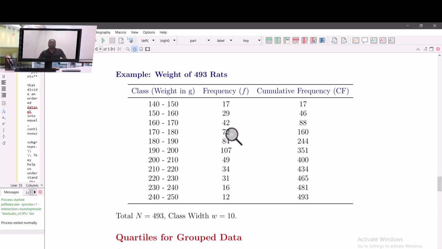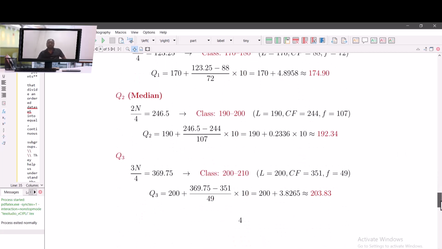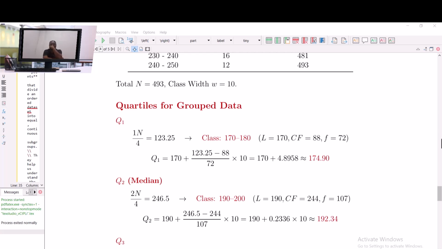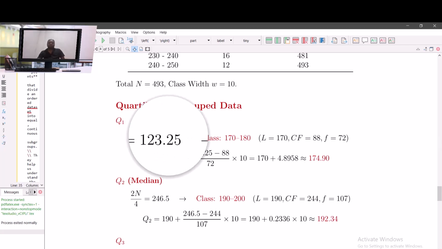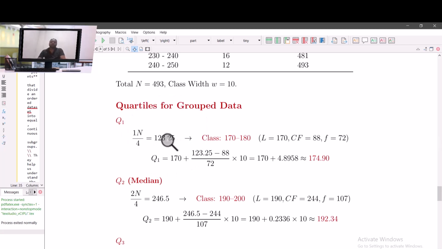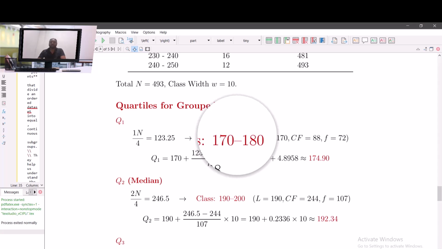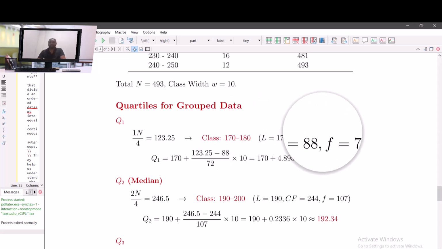So that number is now a subset of this cumulative frequency, right? So that class is now the quartile class. This position is the quartile 1 position, which is found as the fourth class with these elements, right?